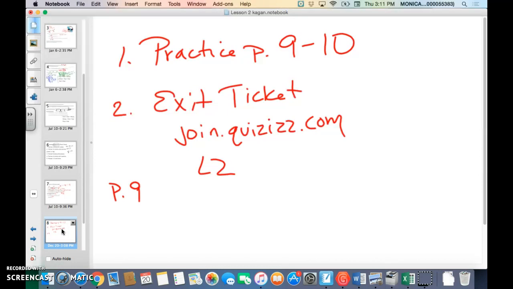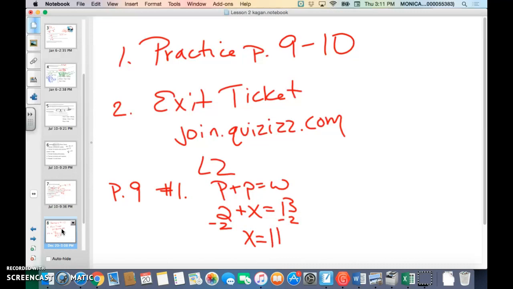So let's go ahead and do an example problem on page 9. Like, for example, number 1. We've got a part plus a part equals a whole. And one of the parts we have is 2. The second part we don't know, which I'll call x, and then we know the whole is 13. So I'm just going to subtract 2, and now I know that x equals 11.